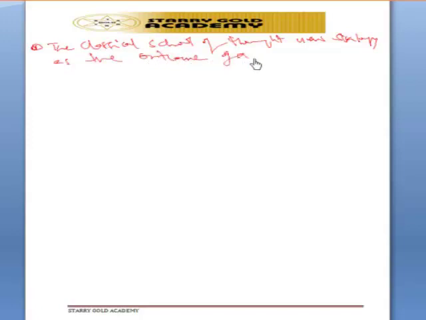So we can just put it like this: the classical school of thought view strategy as the outcome of a rational planning process.